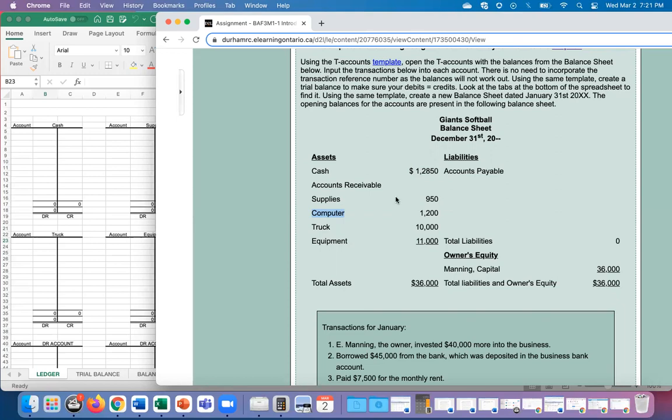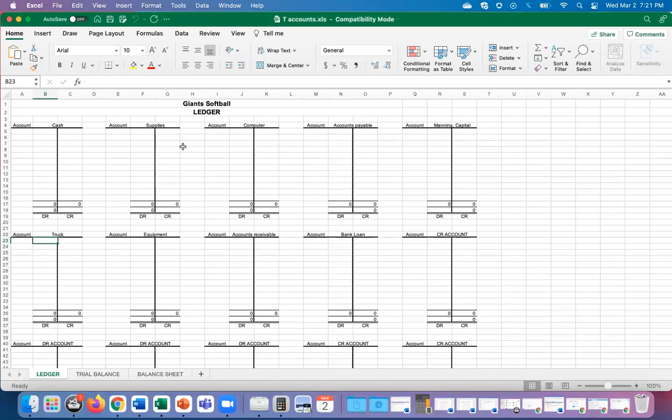What that means is we'll look at the account cash and grab this number here. I'm going to copy and paste it. You're welcome to do that, or you can move it over yourself. I'm going to go over to my ledger, my T accounts page, and look for the T account that is labeled cash.